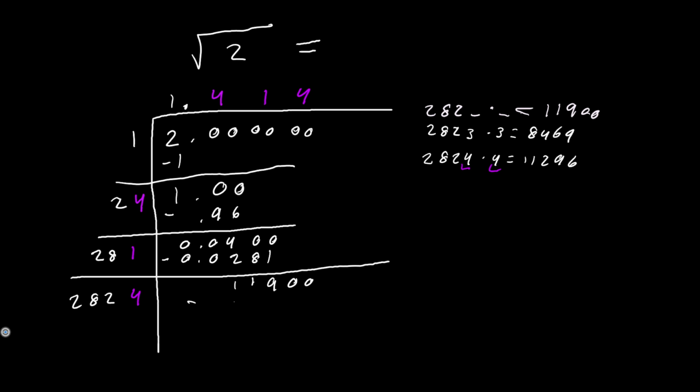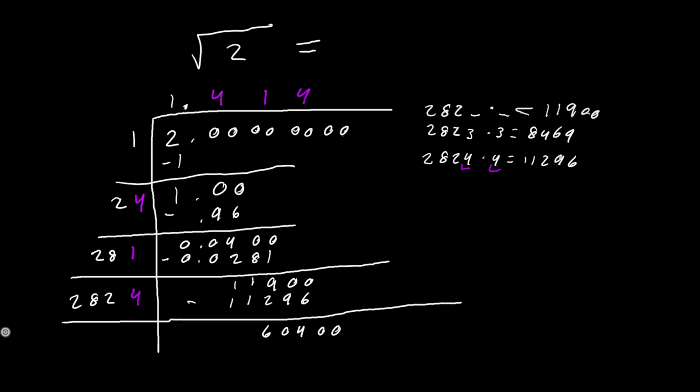So subtract 11,296, which is going to give us 0, 0, which we can ignore, and 604, and just add 2 more zeros to get the final value.